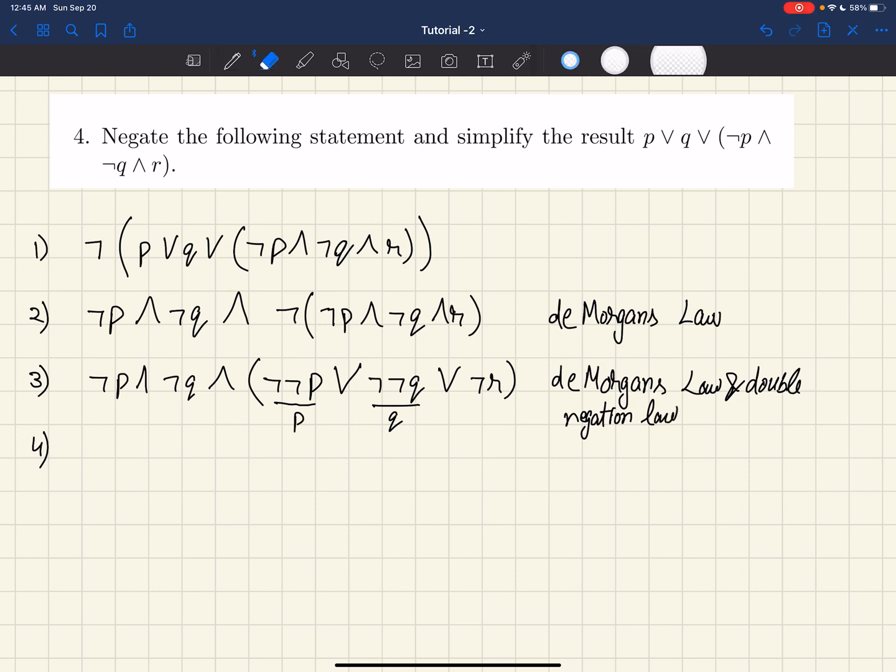So now I can remove these. I'll just rewrite. So this would be P or Q or not R.